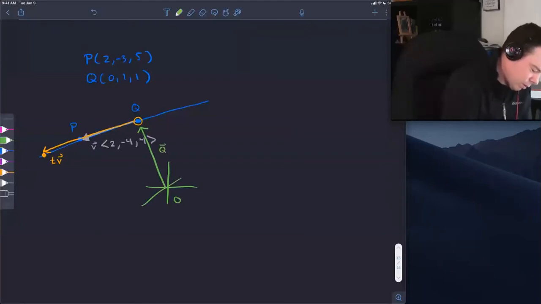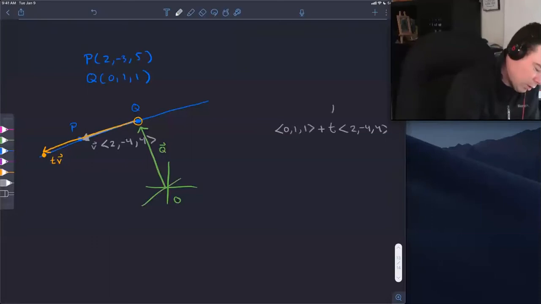I'll put Q with a vector symbol on top, the position vector of one point on the line, and add to that a multiple of a vector that points in the direction of the line, 2, -4, 4. And changing the value of the parameter will get me to different points along the line.